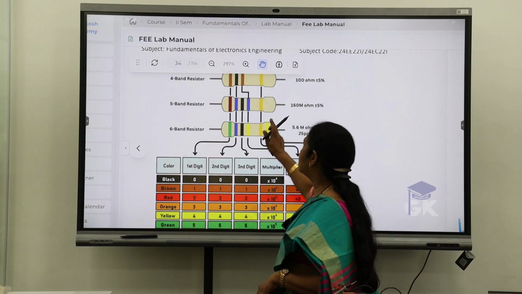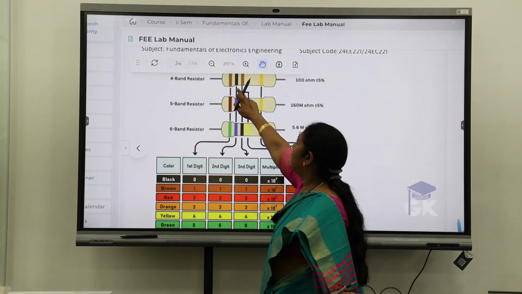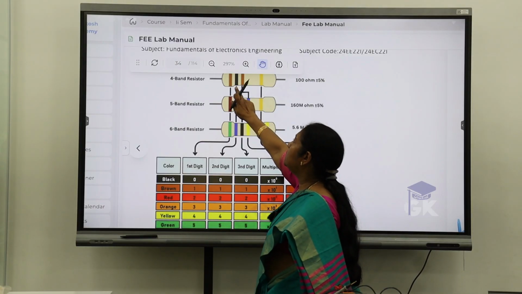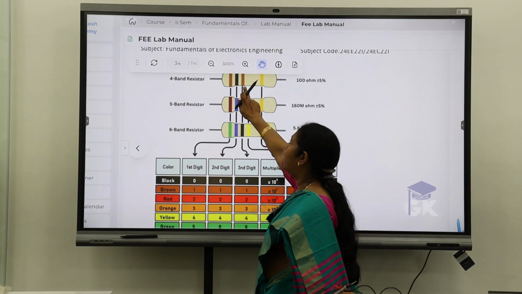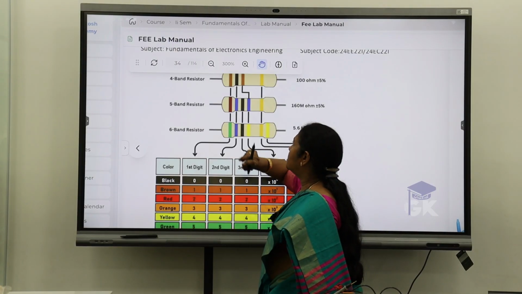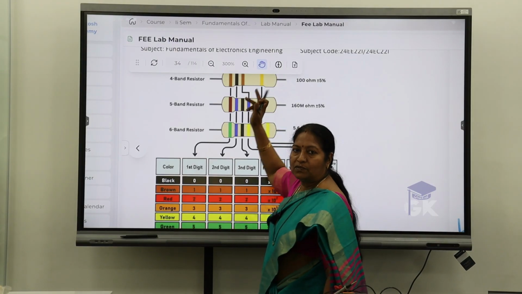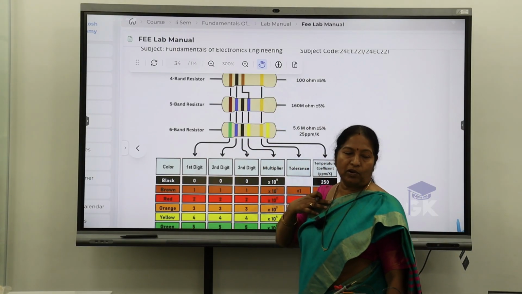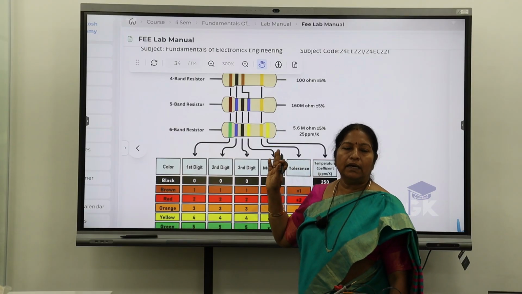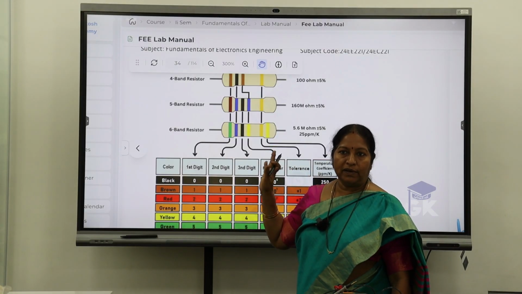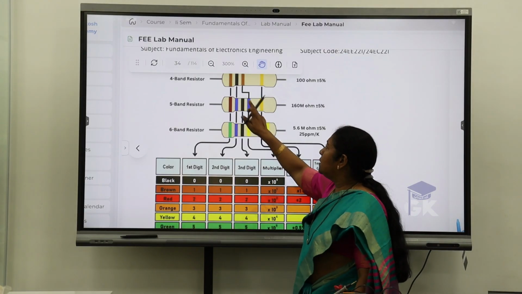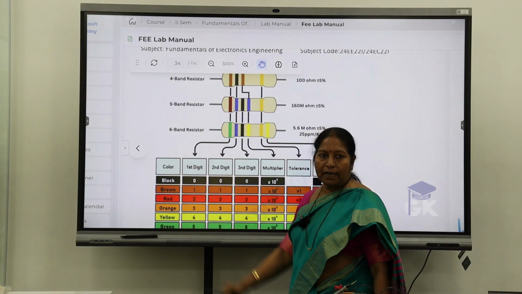For example, we have a 4 band here: 3 are continuous value code, and the last one is for tolerance. I'll explain tolerance afterwards. First, we'll learn how to find the value of a resistor. See here, brown, black, brown. What is the value of brown?